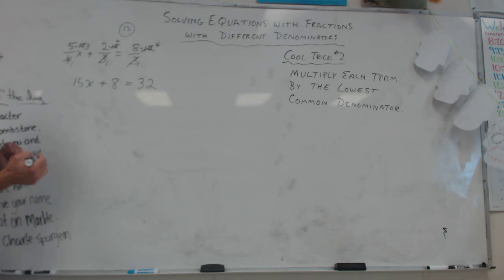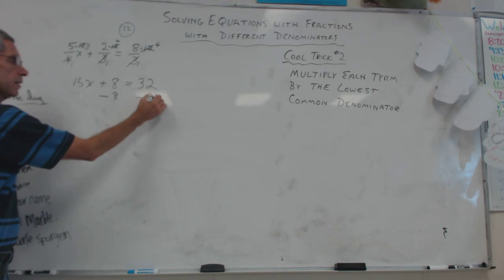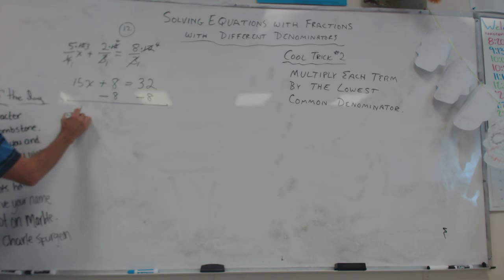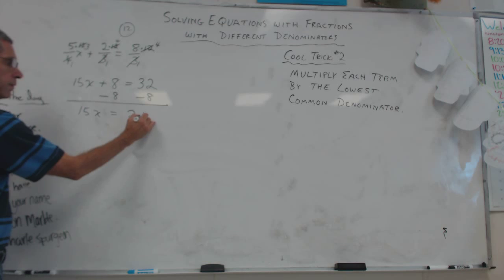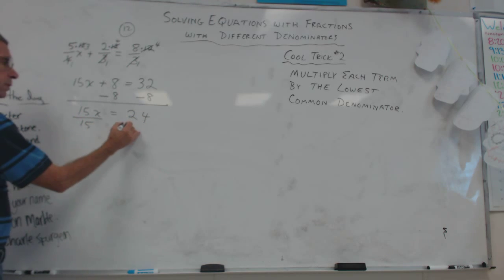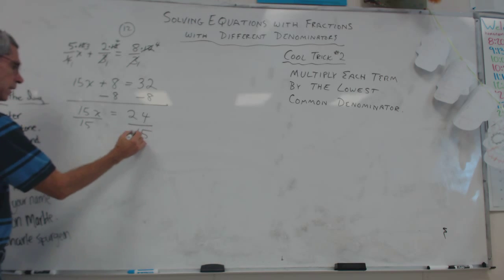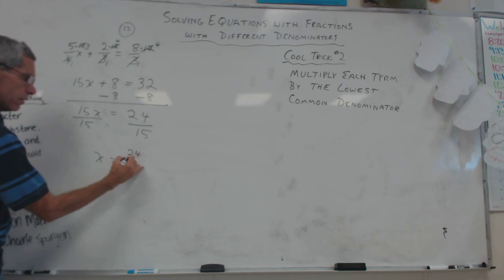So now the next thing I do is subtract 8 from both sides. I have 15x is equal to 24. And then I divide by 15, and x is equal to 24/15.